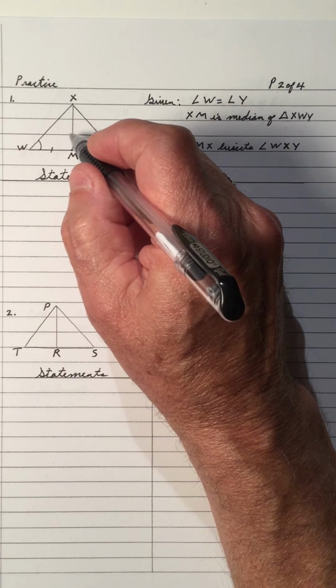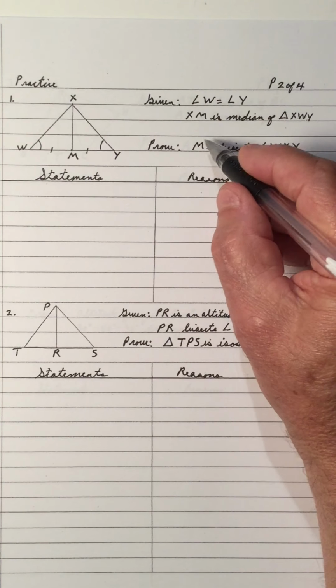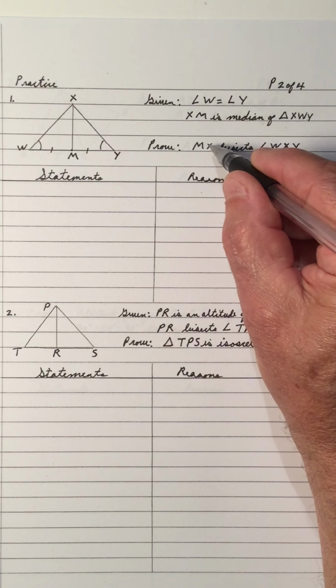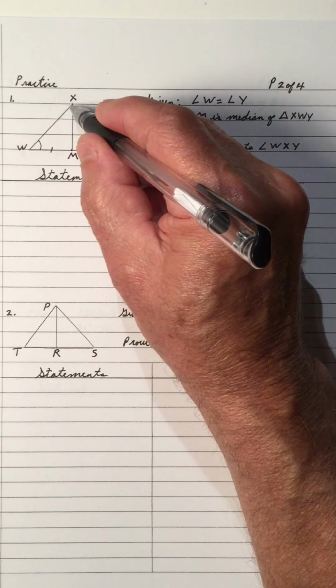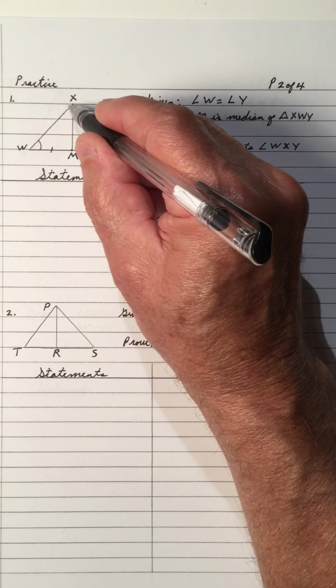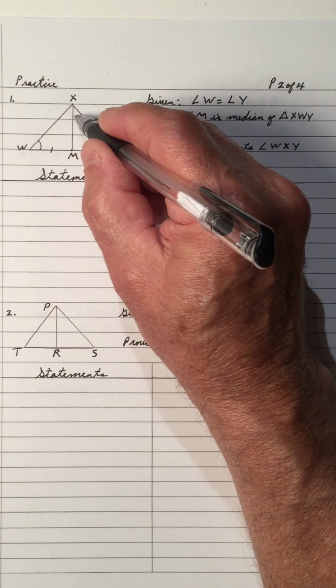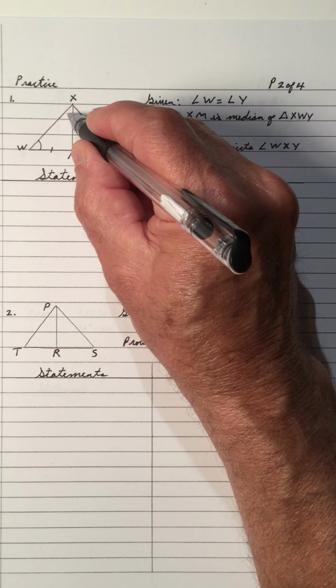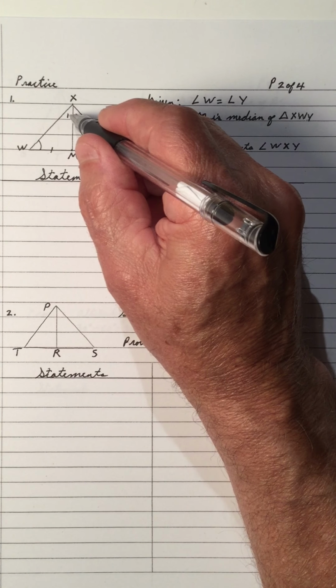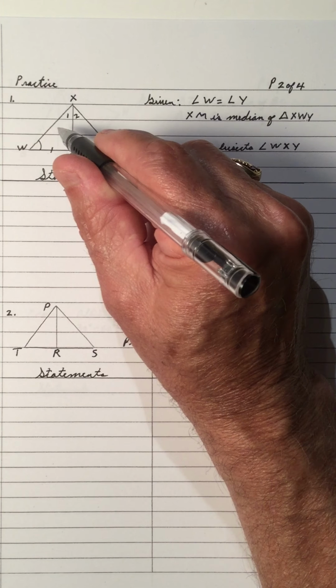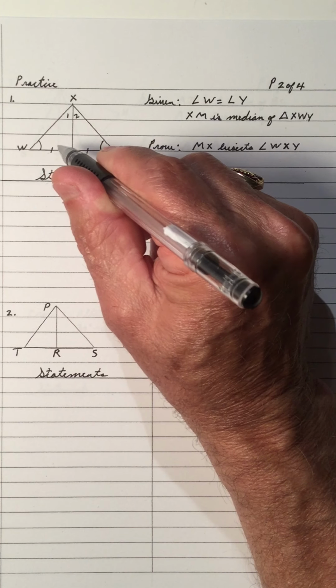So to prove the triangles congruent, I have to show that MX bisects angle WXY. If it bisects, then I have to get that these two angles are equal. So I get these two angles equal by doing congruent triangles.